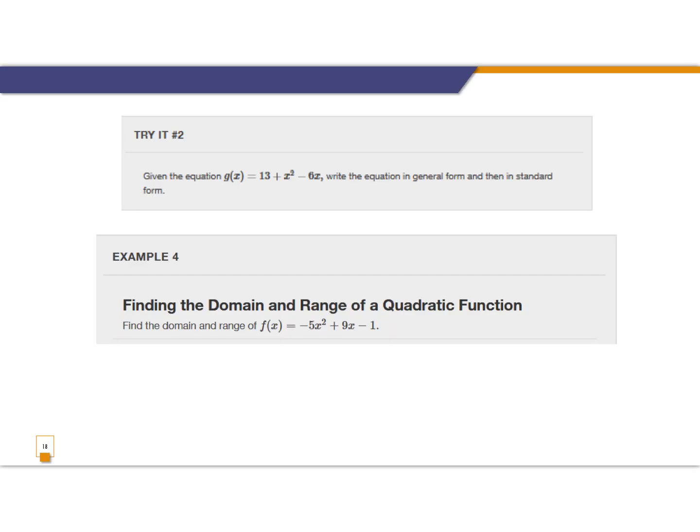And what is this talking about? Try it. I'm not going to do this one, but you're just going to write this equation in general form, which means it's actually already done. They're not telling you to do it in standard form. I'll do general with you real fast because it's already done.